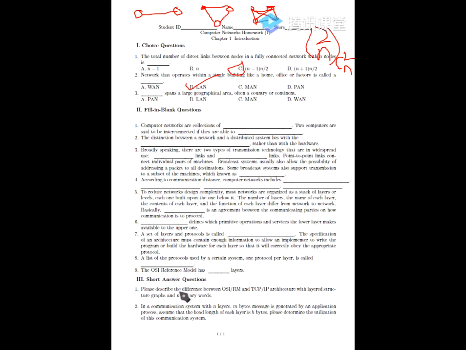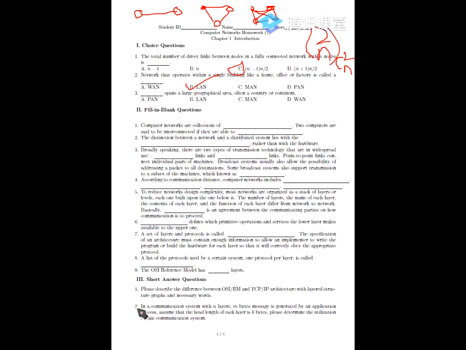Short answer questions, then you should read the textbook. Question 1. Please describe the difference between the OSI reference model and the TCP/IP architectures with layered structure graphs. Question 2.